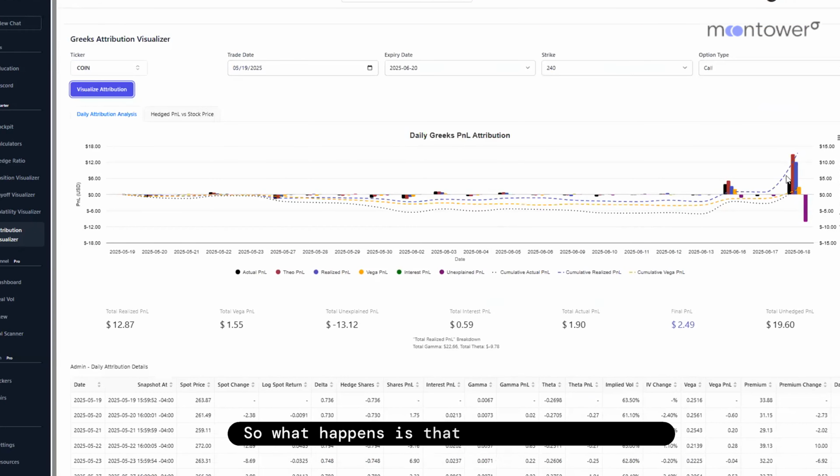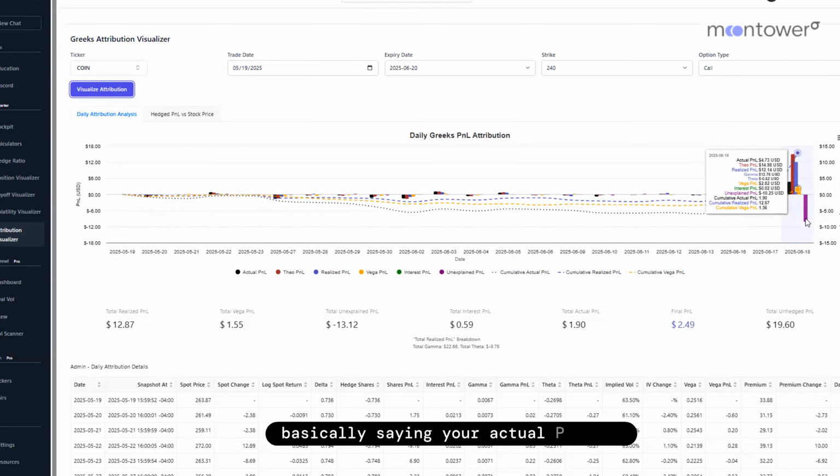The difference between the over-prediction and how much you actually made becomes unexplained P&L, and it says negative $10, which is basically saying your actual P&L underperformed your predicted P&L by $10. And that underperformance is due to the fact that your gamma was not constant over the whole size of the move.